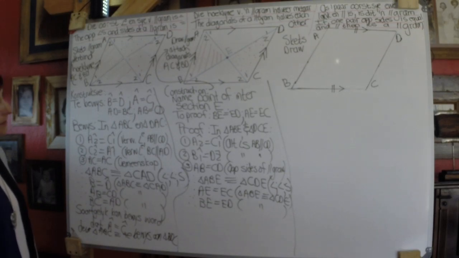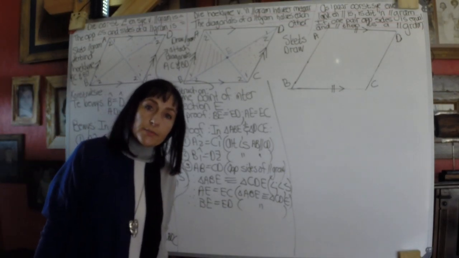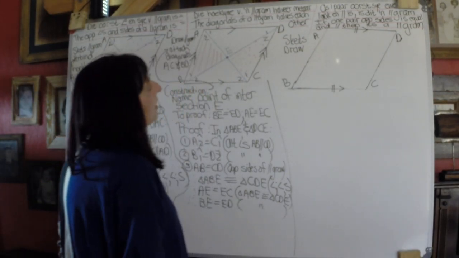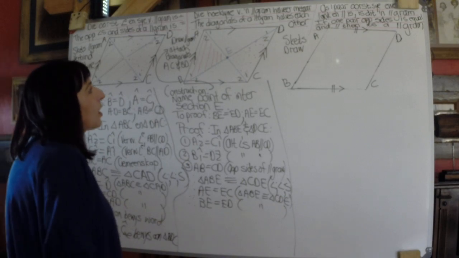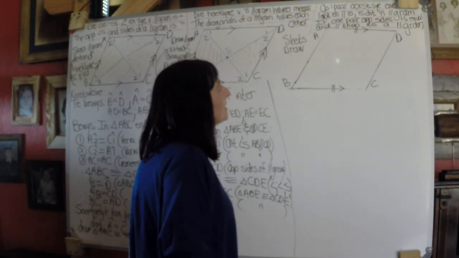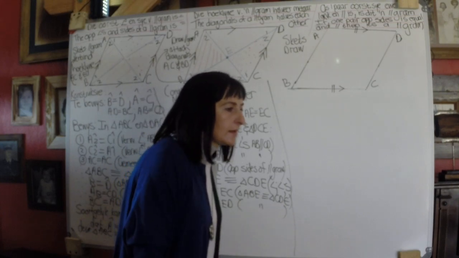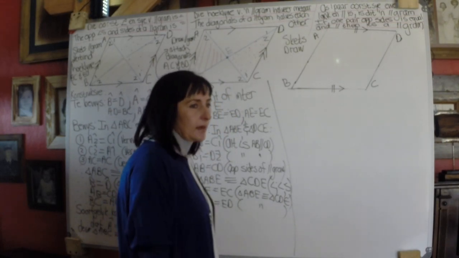The last theorem in grade 10 that you must be able to prove is the one that asks, prove that if one pair of opposite sides are equal and parallel, that's then a parallelogram.